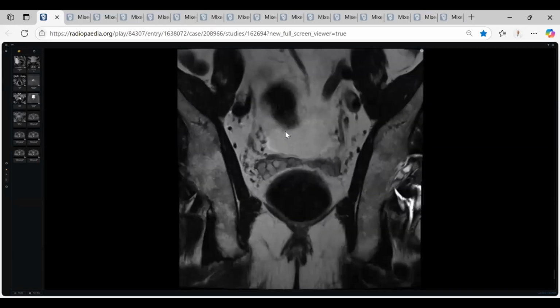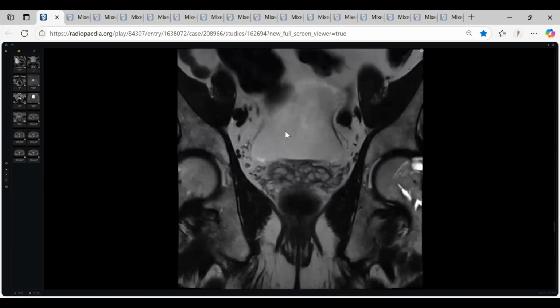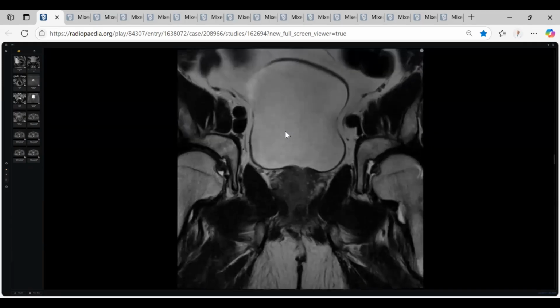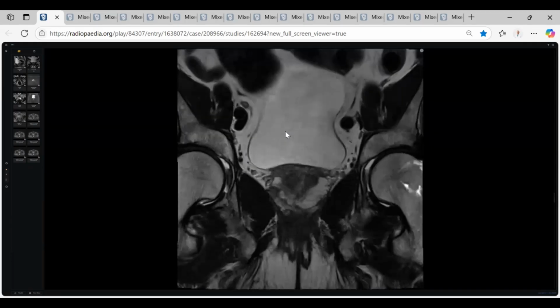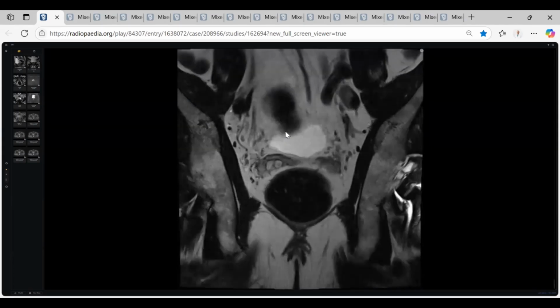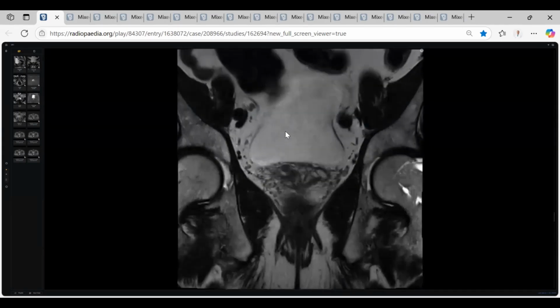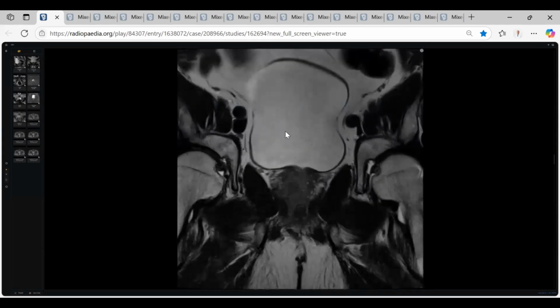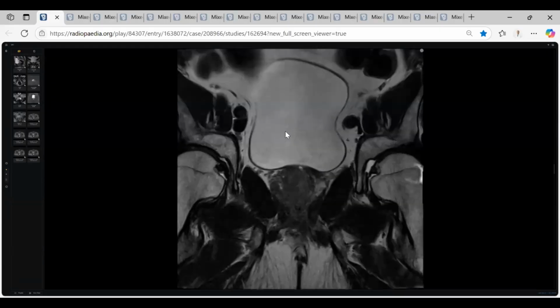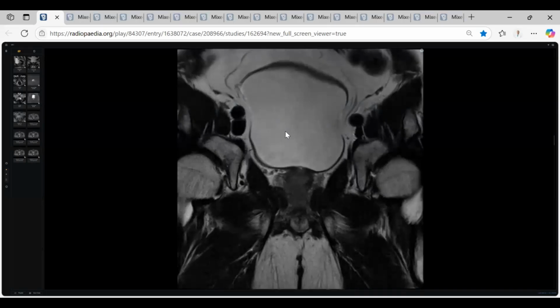Tell me the technique first, please. There is a coronal T2 image for the male pelvis.